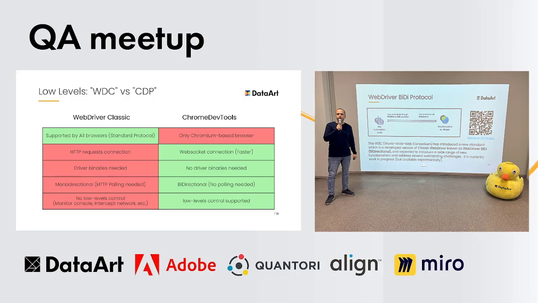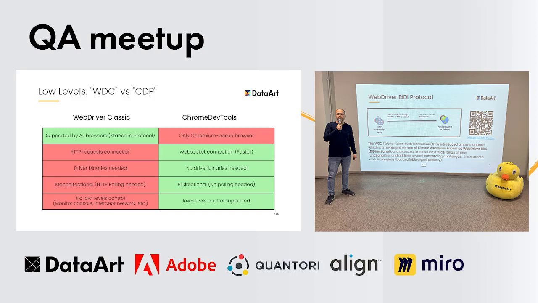Exactly. Firefox, Safari. Great. So the first problem is that Chrome DevTools-based automation tools cannot run your tests against, for example, Safari. But in Selenium we don't have such a problem.